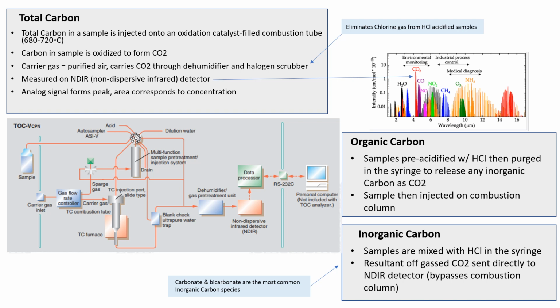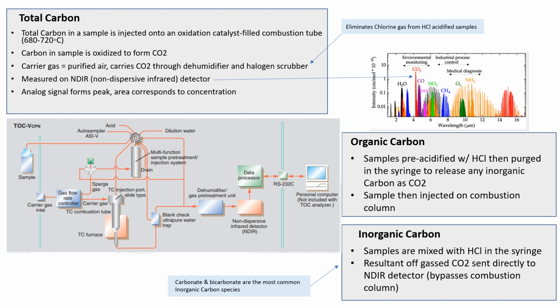Conversely, if you just want to measure organic carbon in your sample, what you need to do is pre-acidify with hydrochloric acid, which means acidify your sample before you put it on the instrument. The HCl reacts with the inorganic carbon in the sample and turns that inorganic carbon into CO2.